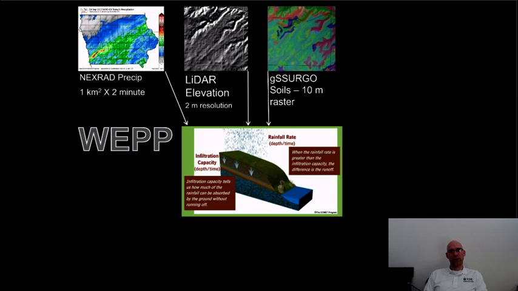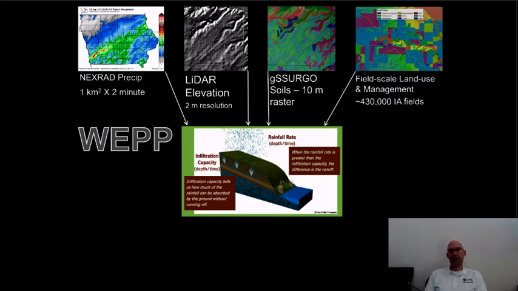We also use the 10-meter gSSURGO soil survey product from the USDA to inform our soil properties. And we use field scale land use and management data that's updated every year. There are about 430,000 agricultural fields modeled in the state of Iowa, so we typically have a few hundred fields in every watershed that we're estimating on.